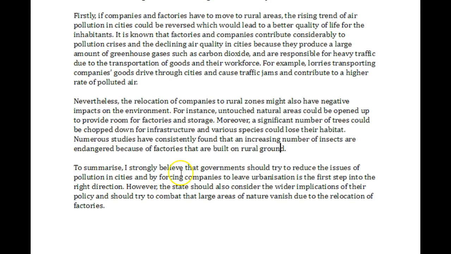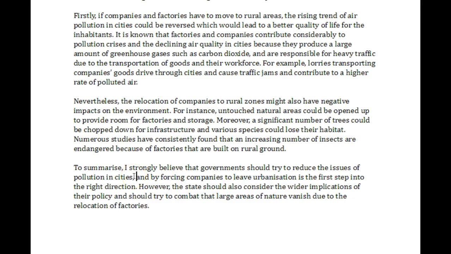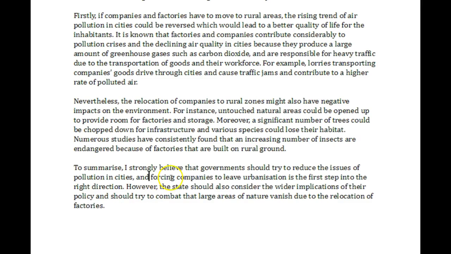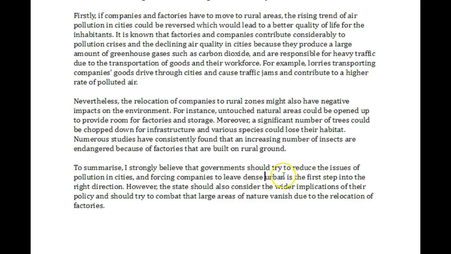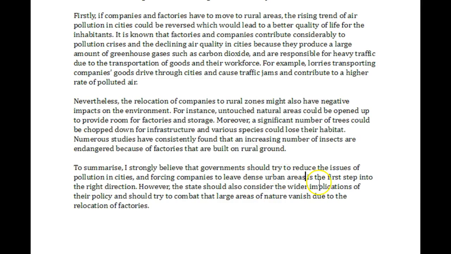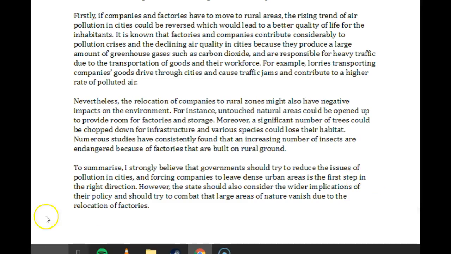To summarise, I strongly believe that governments should try to reduce the issues of pollution in cities. And forcing companies to leave urbanised or to leave dense urban areas is the first step in the right direction.